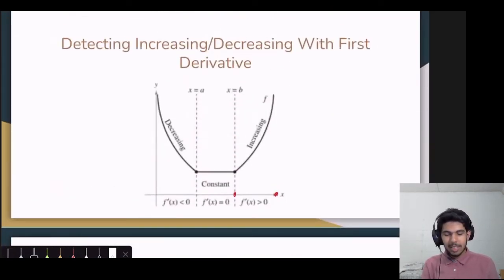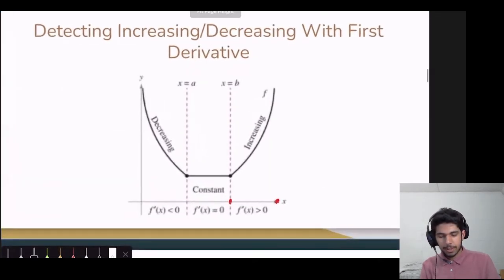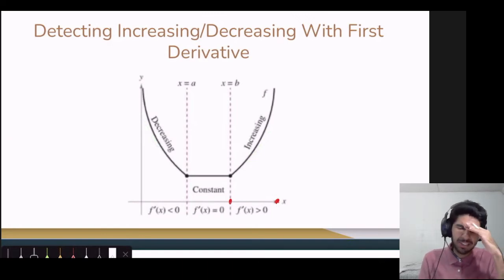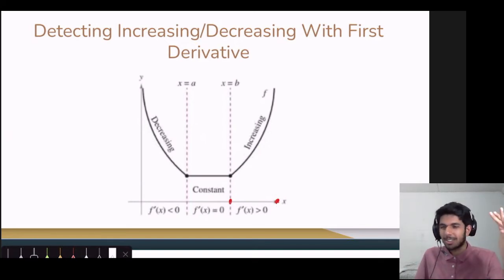But the thing to note is that if the first derivative is less than 0 or greater than 0, then it's not equal to 0, which sounds so dumb. Like, obviously, right? If it's less than 0, it's not equal to 0. But that's really critical. And once again, this time the pun was actually unintended.